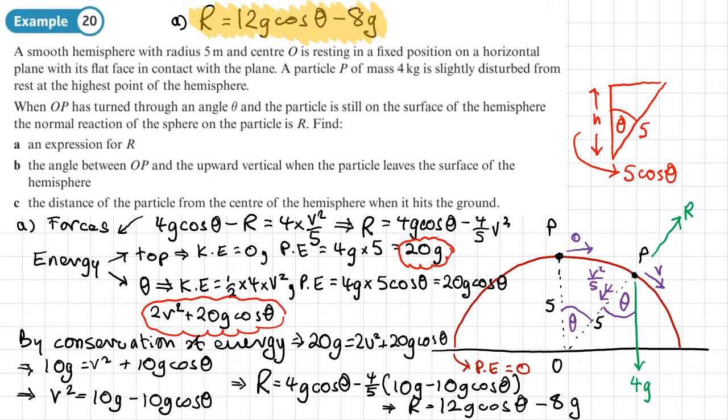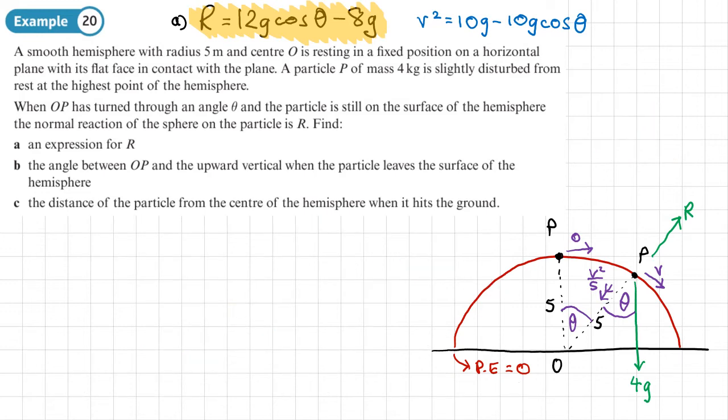And also, I think the expression for v squared down here is going to be useful. So I'm actually going to write that at the top as well. And I'll write v squared is equal to 10g minus 10g cos theta. So we're going to clear the screen and then move on to part B.